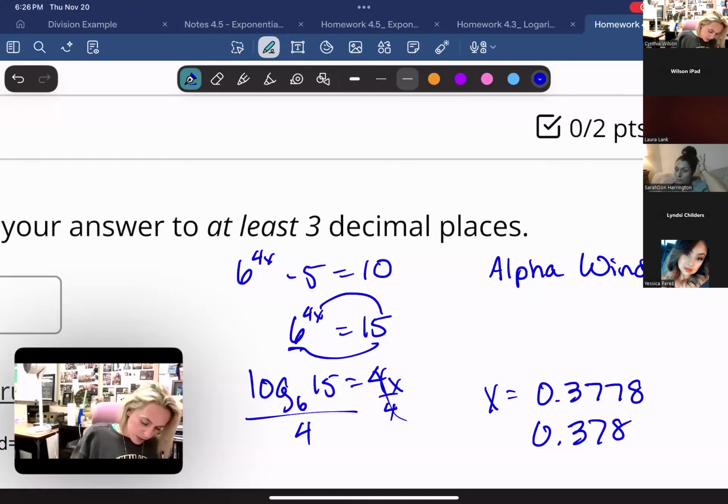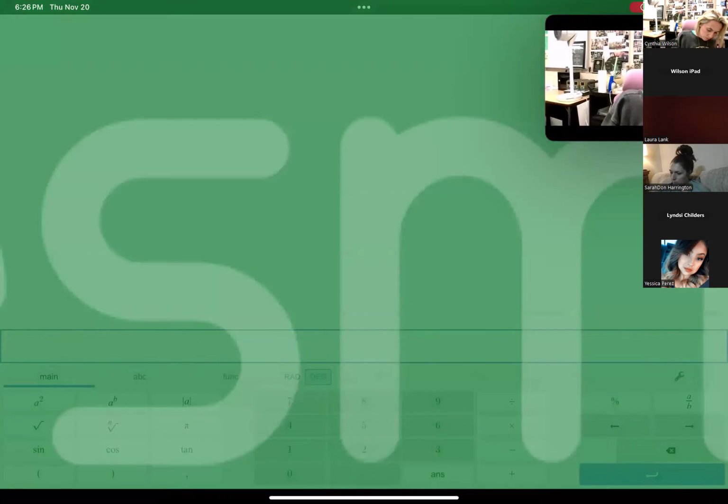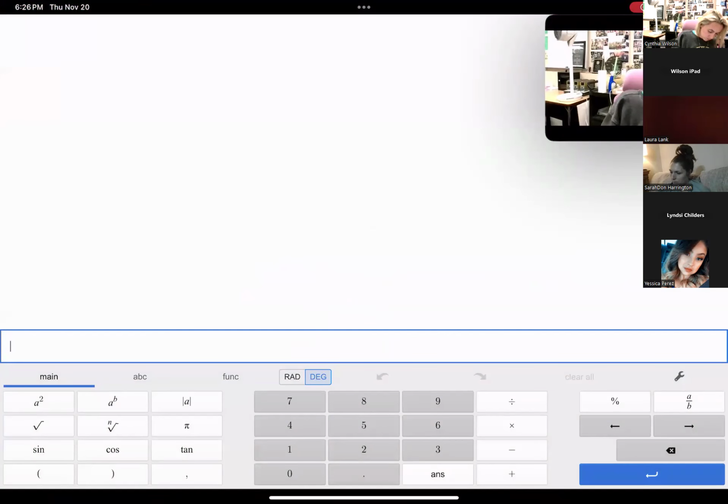I don't know how to do it on Desmos. Let's find out on Desmos. Function.